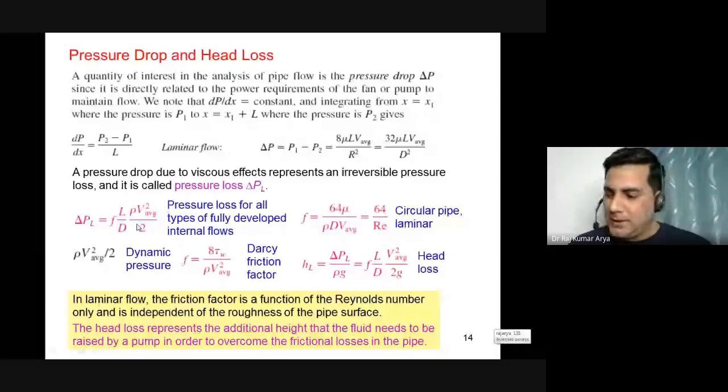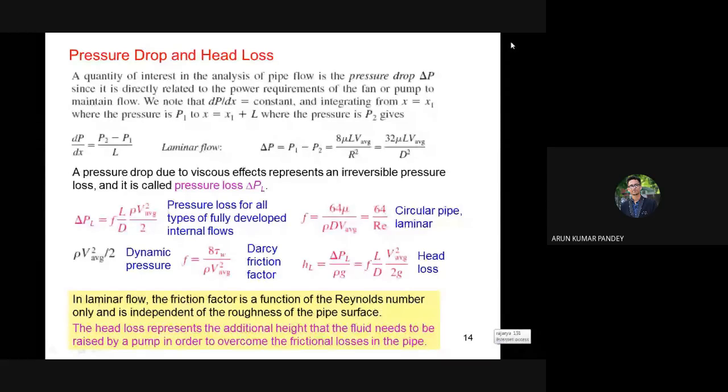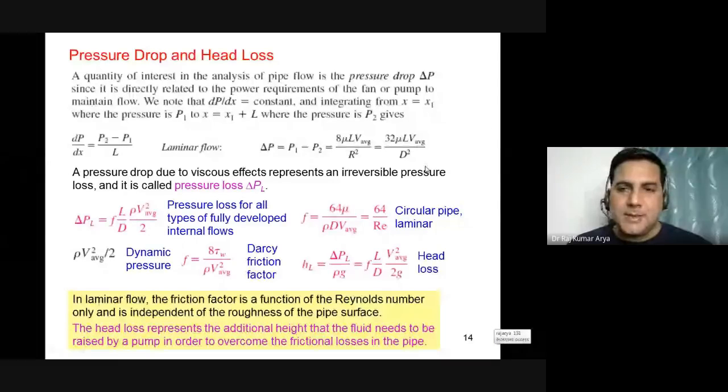Yes, sir. Just equate this one and this complete thing and bring it into this particular formulation. For this you have to bring a term L by D. You have to bring a term rho V square upon 2, and keep the rest of the things on one side, that will be treated as f only. So that you can compare this equation with this side completely.